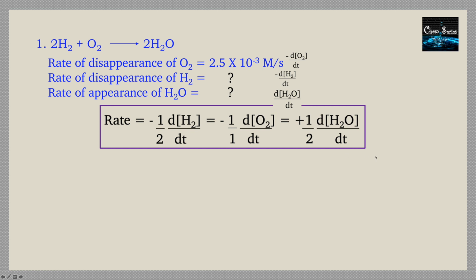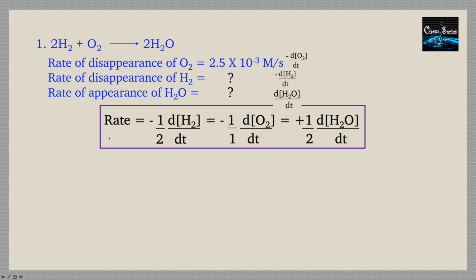So you see here they have given the rate of disappearance of O2, that is minus dO2 by dt, it has been given, which is equal to 2.5 into 10 power minus 3 molar concentration per second.